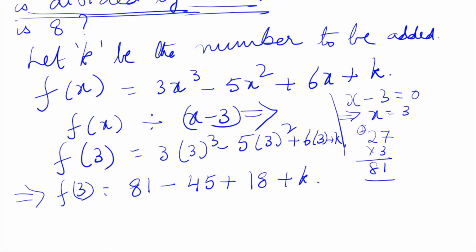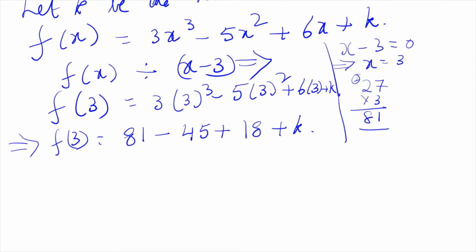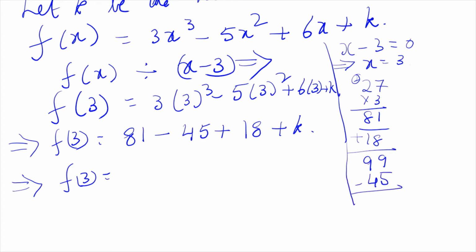So f of 3 is equal to 81 plus 18, which is 99, minus 45, which is 54, plus k. So according to this, the remainder is 54 plus k.